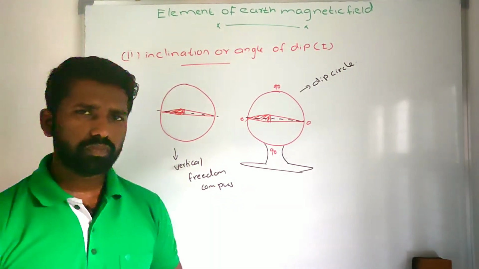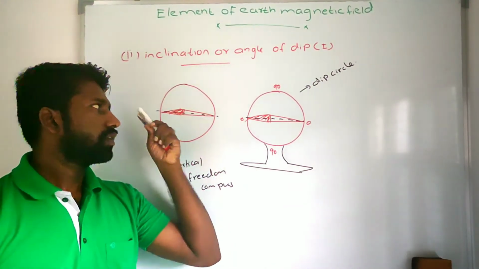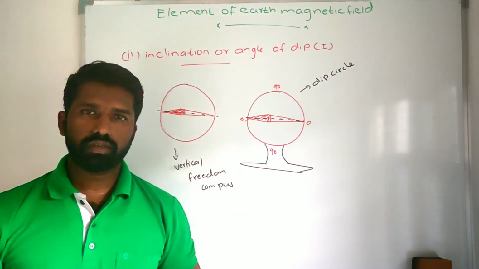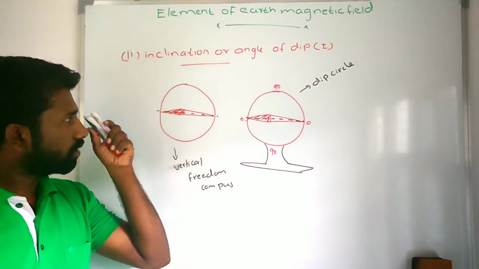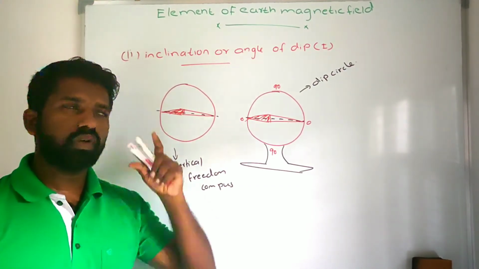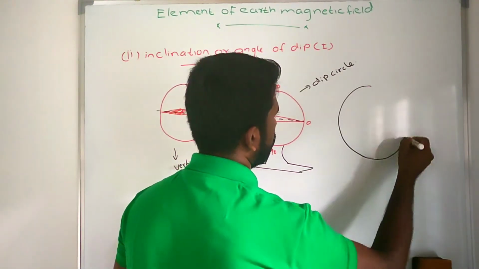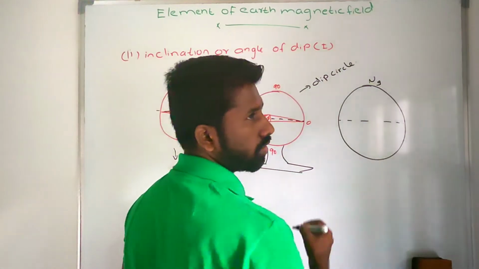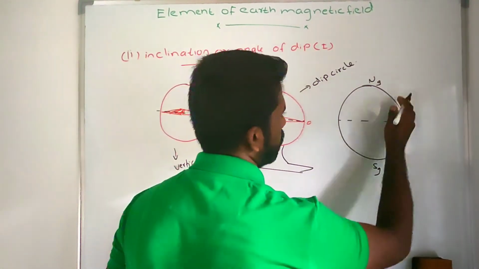To understand the inclination or dip, we are using this vertical freedom compass or dip circle. I am taking this vertical freedom compass to the northern hemisphere. If you consider the earth like this, this is the north pole, here is the south pole, and this is the northern hemisphere.